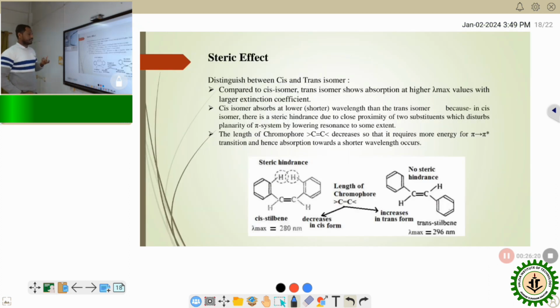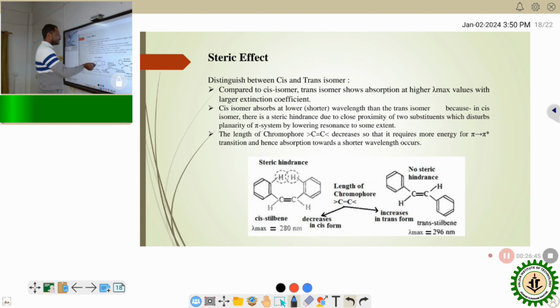Now, steric effect. For steric effect compounds, we basically identify which one is the cis isomer and which one is the trans isomer. So cis-trans isomers are also separated by UV-VIS spectroscopy. In the trans isomer, trans stilbene, it is a more conjugated system.